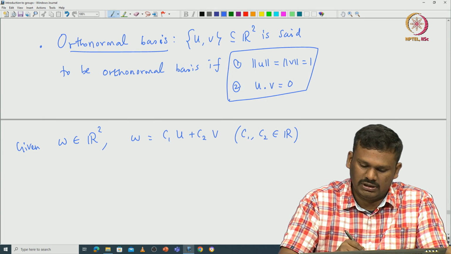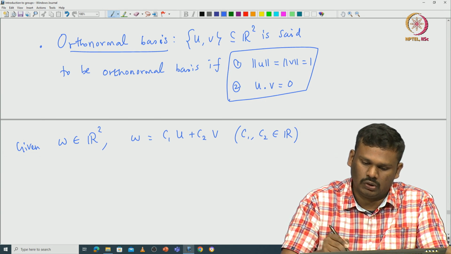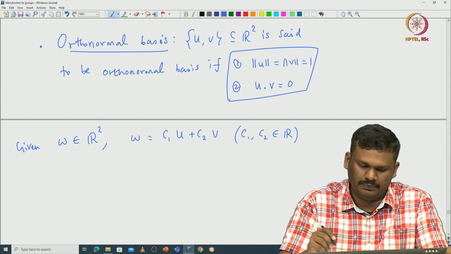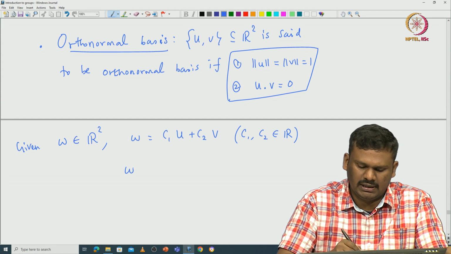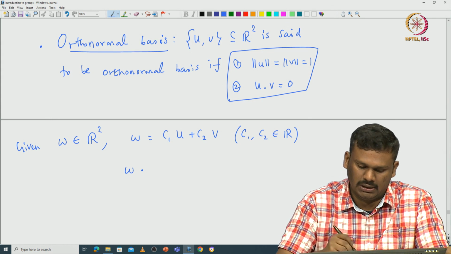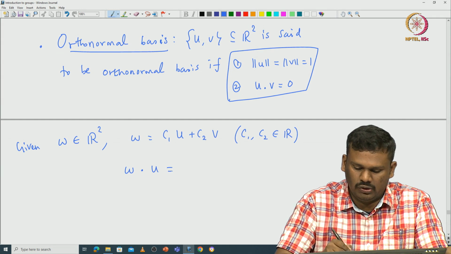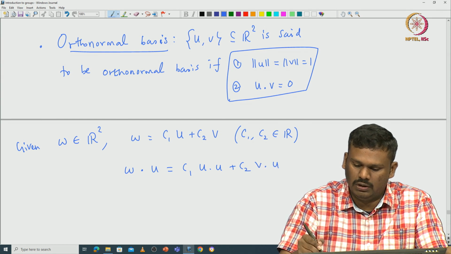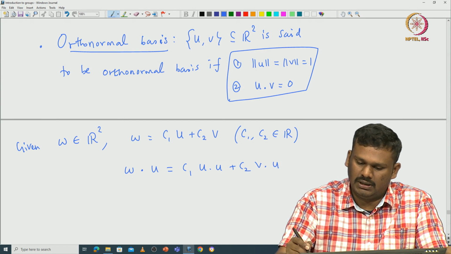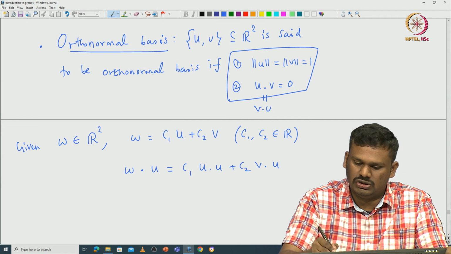So, in particular, given any w in R2, you can write w as a linear combination of u and v. Now, if you work it out using the orthonormal property of these basis vectors, you can see that C1 and C2 can be recovered from inner products. If you take the inner product w dot u, this is exactly equal to C1 u dot u plus C2 v dot u, but u dot v is the same as v dot u, which is 0.